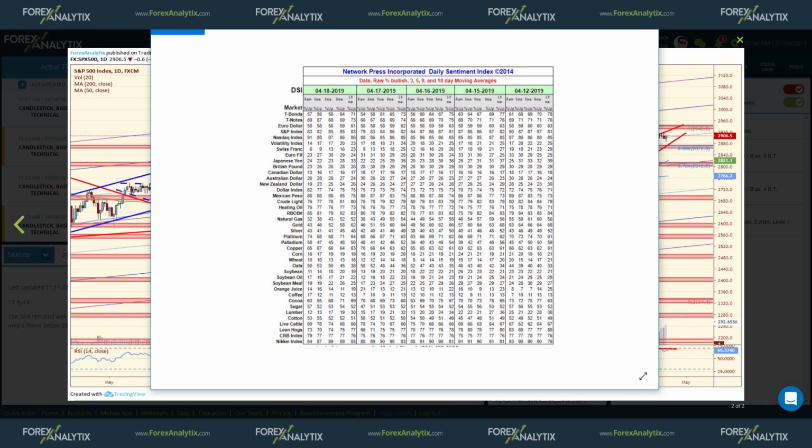That means it's an extreme reading, extreme bullishness in the Nasdaq. Volatility is at 14, which is pretty low, which means bearish sentiment is at an extreme. But what's really key, see the Swiss franc? It's at 6. You don't get a reading below 10 or above 90 that often, and when you get that extreme, you've got to start looking for reversals.